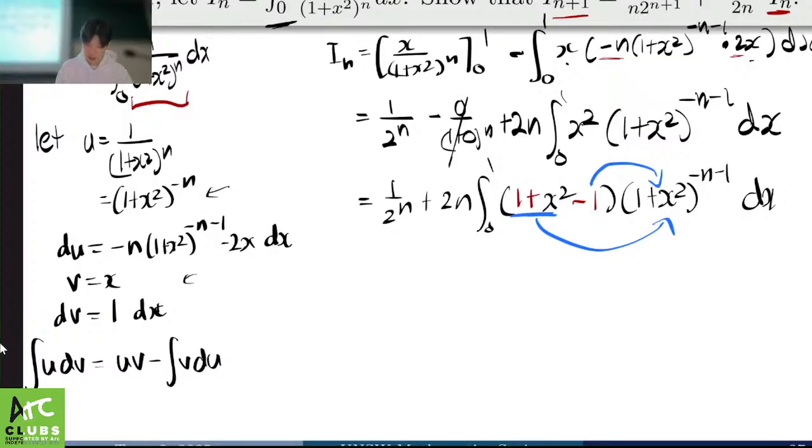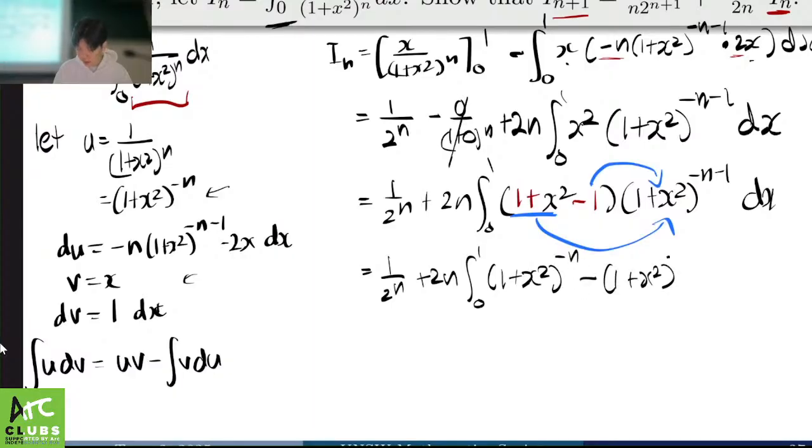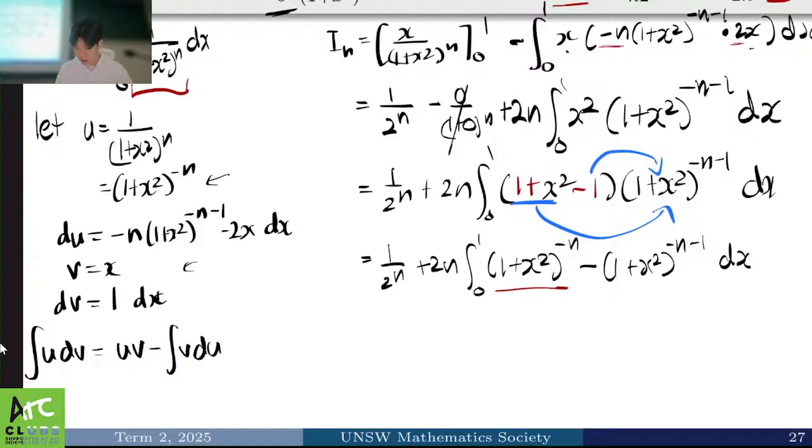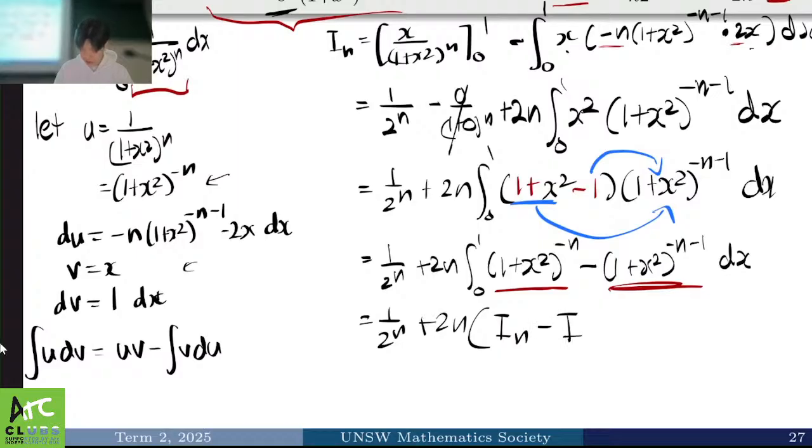Now what that looks like is 1 over 2 to the n plus 2n. These guys multiply to give me minus n, and these guys multiply to give me minus n minus 1 dx. Now notice, these guys are now in the form of the original I_n. That means I can change it to 2n. This is I_n, and the right is I_(n+1).